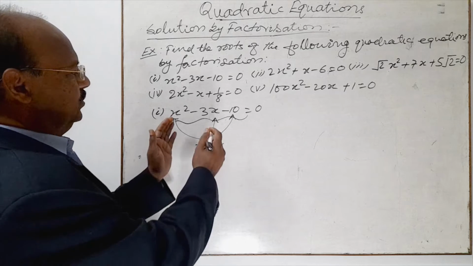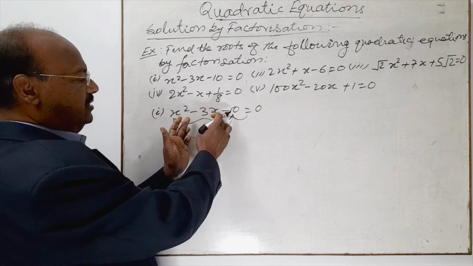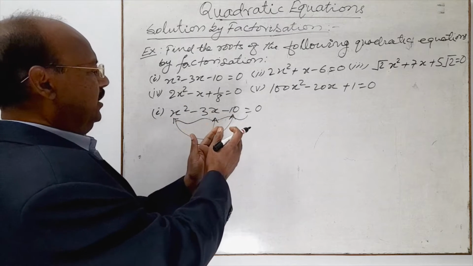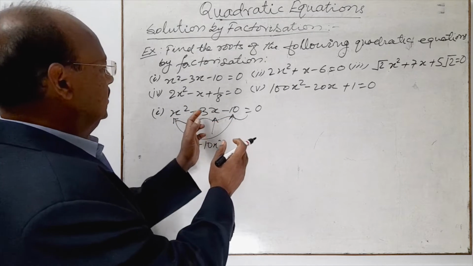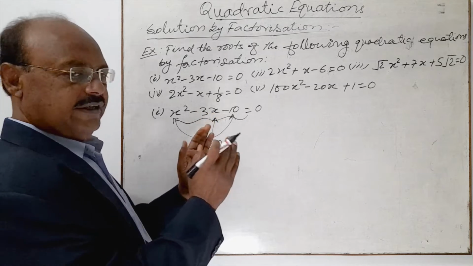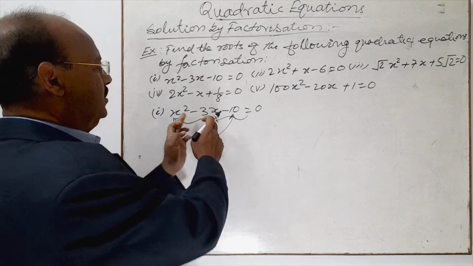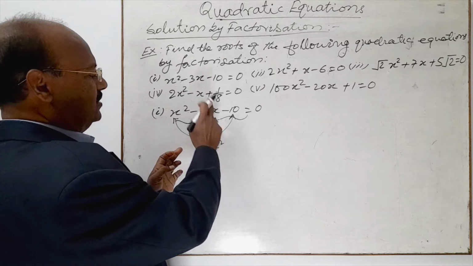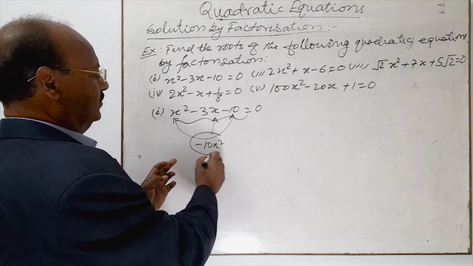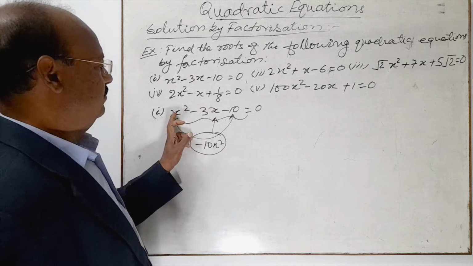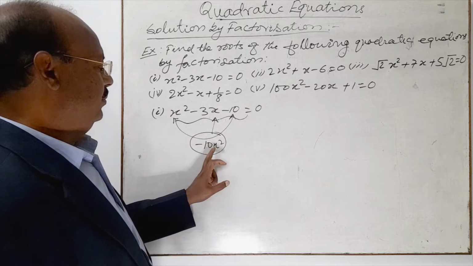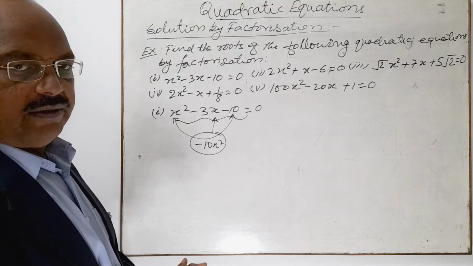So we have to split minus 3x in such a way that the value minus 3x remains the same, but the product of these two parts will be the same as the product of the first and last term, minus 10x square.